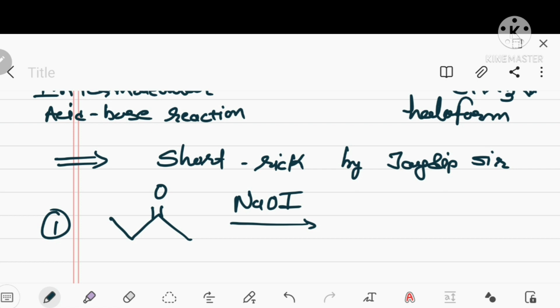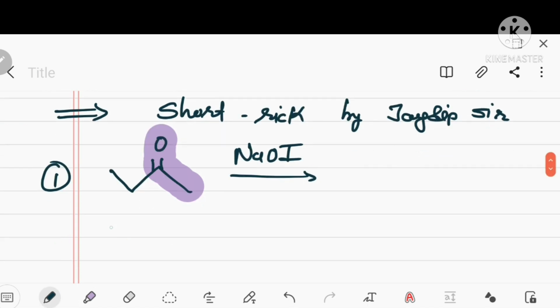The short trick is this: you know that this configuration is a methyl keto group, so I will write methyl keto. Only a methyl keto group can give the iodoform test.